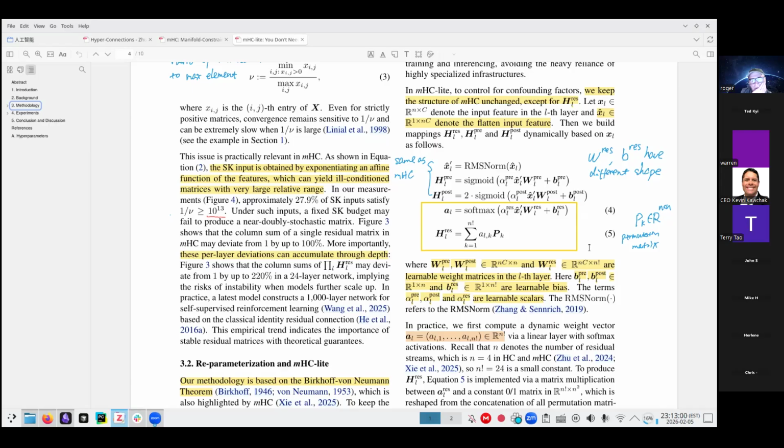So with this approach, you get exactly doubly stochastic. They say it's even more stable than MHC. And now those graphs we were looking at before, both forward and backward, should both be exactly one. Is that right? Yes, up to numerical precision.